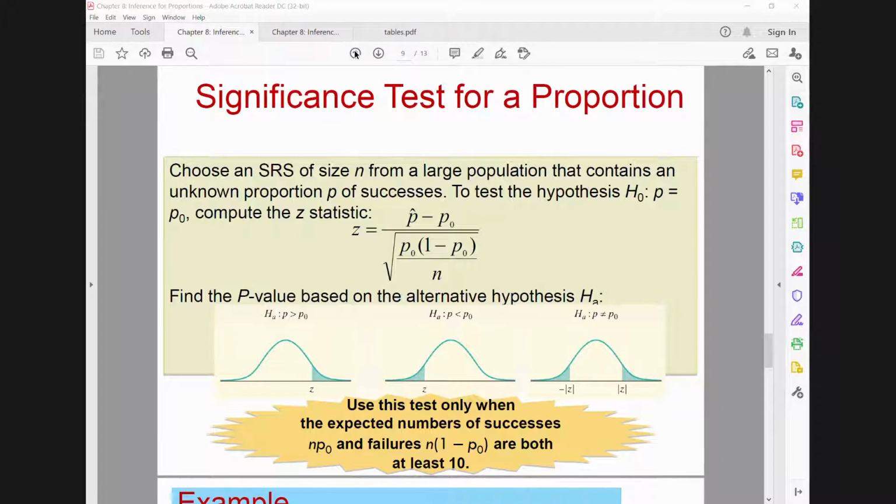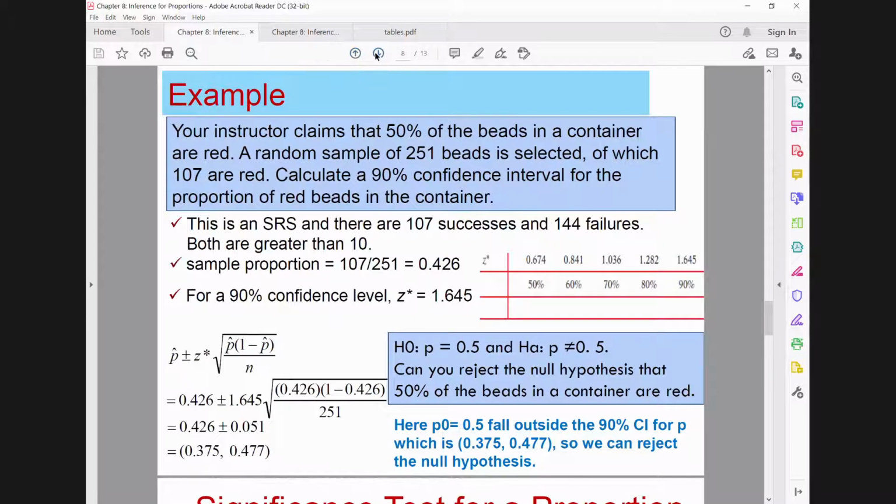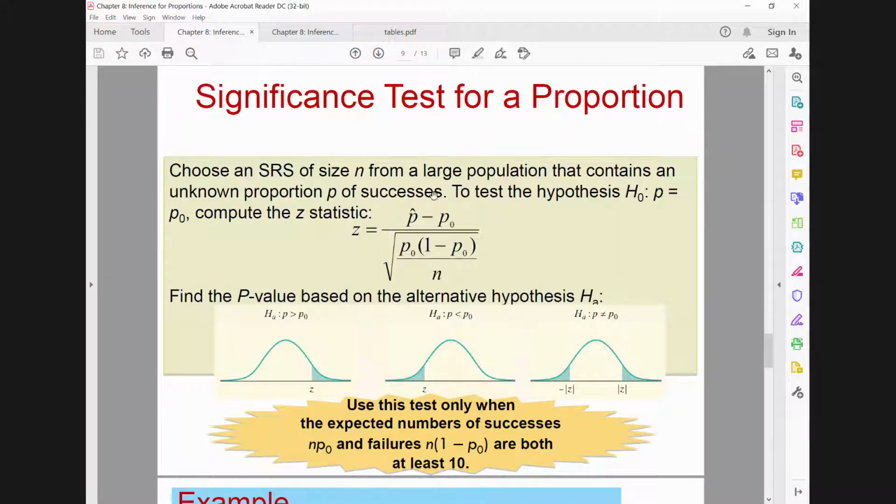P hat is the proportion of success in the sample. Here P hat is the proportion obtained in the sample.